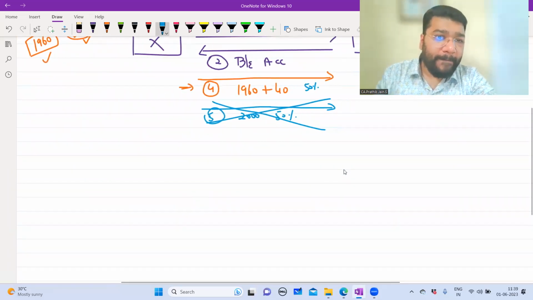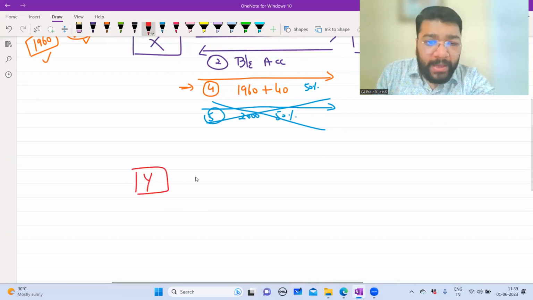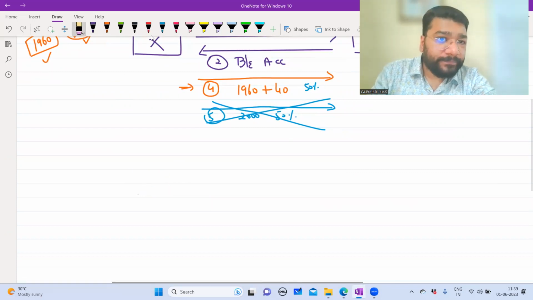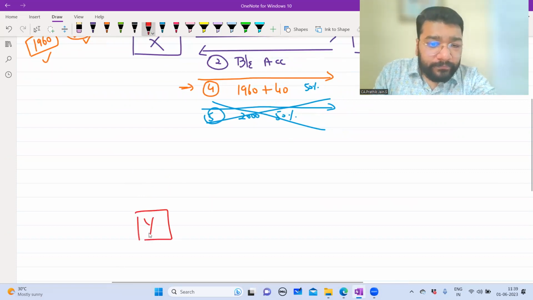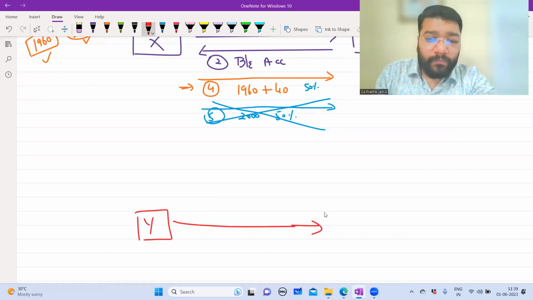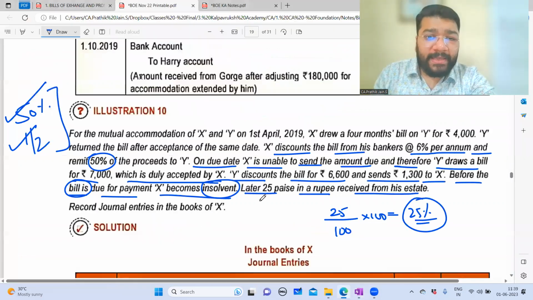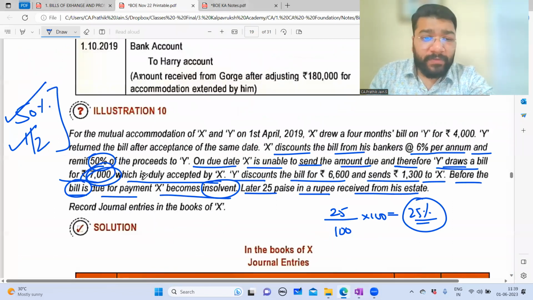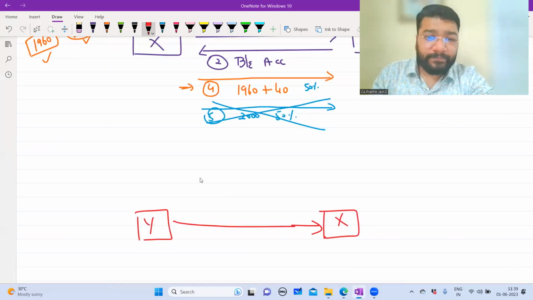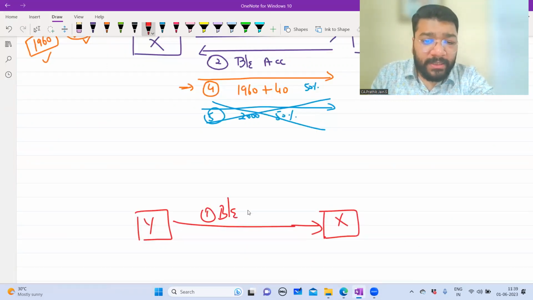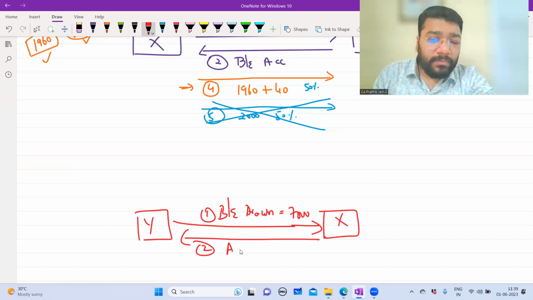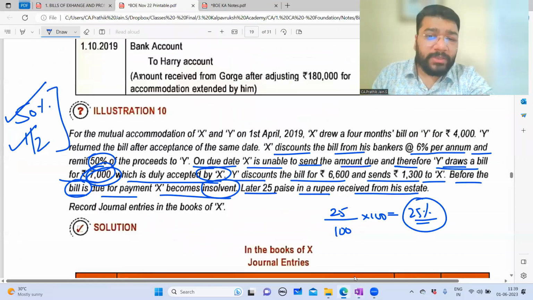Now, what happened? Y has drawn a bill of 7,000, which is accepted by X. So, bill of exchange drawn, 7,000, to which X is accepting it. Accepted bill of exchange. Now, what is Y doing?